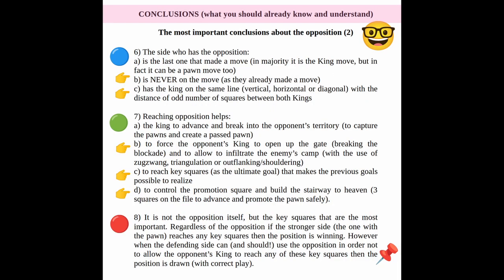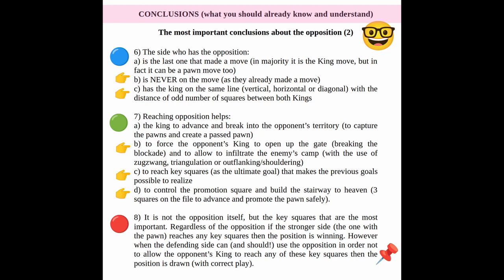And one more piece of information about the opposition we need to know, understand and remember. The side who has the opposition is the last one that made a move. In the majority of cases it is the king move, but take notice that in fact it can be a pawn move too.